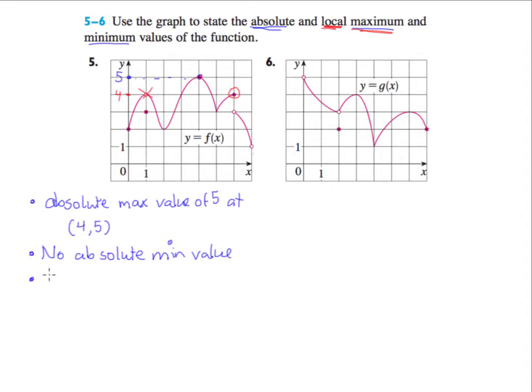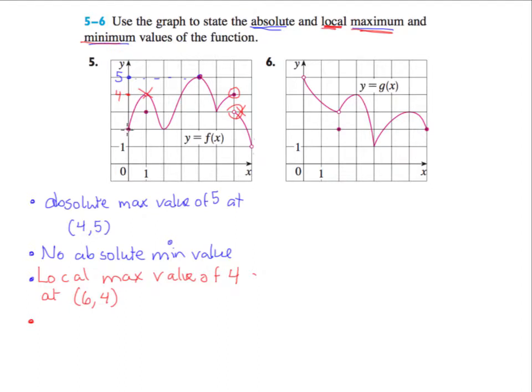So we would say a local maximum value of 4 occurs at the point 6, 4. Now you might also think this open circle would be a possible local maximum, but again, that is not included because it's not in the domain. And we have function values from the left that are higher than it.